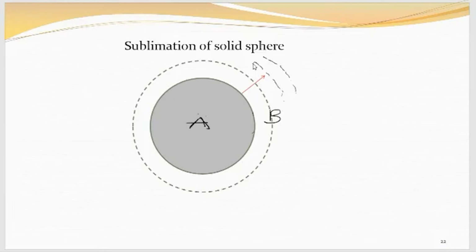This is the r axis. So I have here N_A in at r and N_A out at r plus delta r.